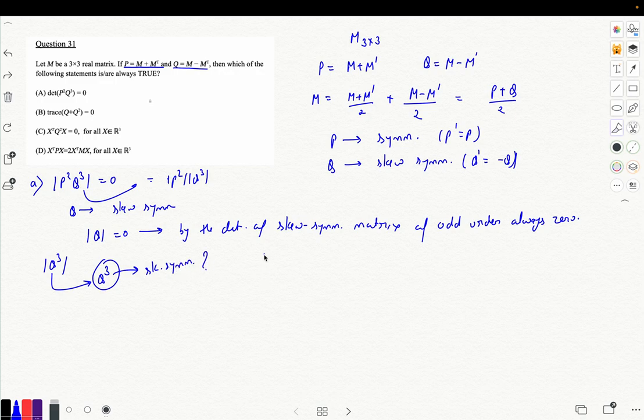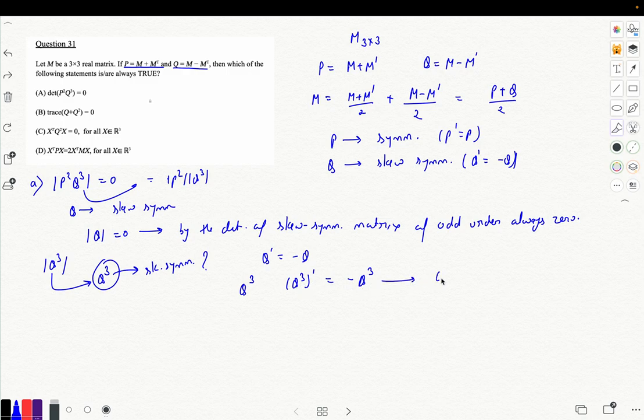We know that Q transpose is equal to minus Q. Now we are checking for Q cube. We write Q cube's transpose is equal to, what is this equal to? This would be equal to minus Q cube. So basically it is satisfying the property of a skew symmetric matrix, that is, Q transpose is equal to minus Q, or you can say Q cube's transpose is equal to minus Q cube.